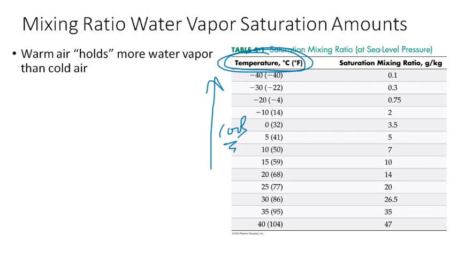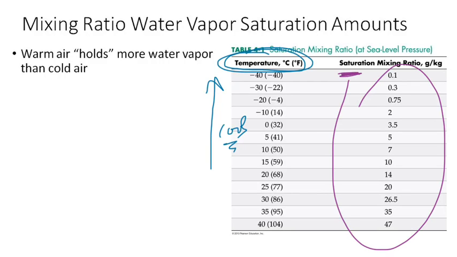Well, as you cool the environment the water's in down, over here these are saturation amounts, given in mixing ratios. So basically, this is the max amount of water vapor at these temperatures. The air is what we say is saturated.